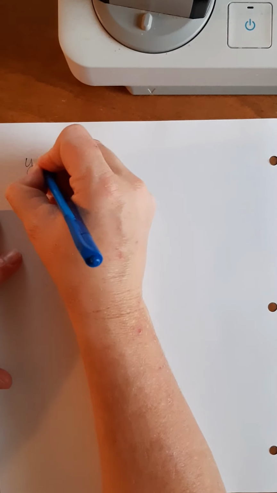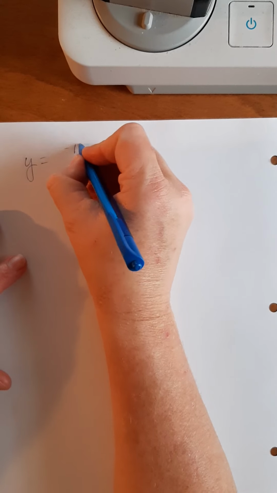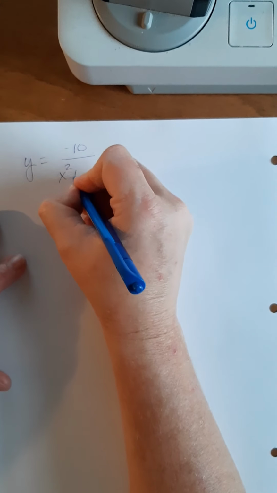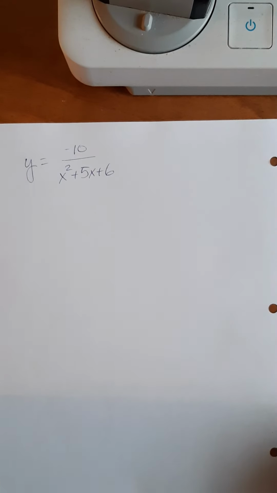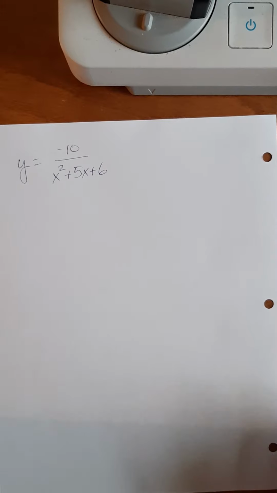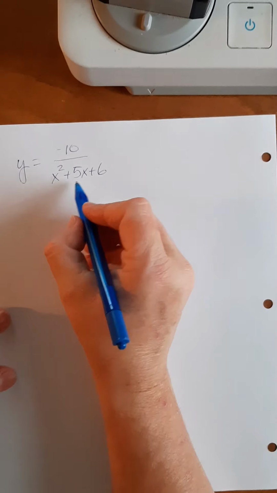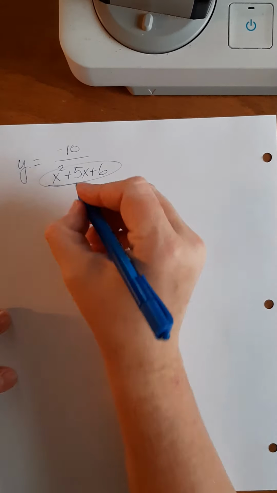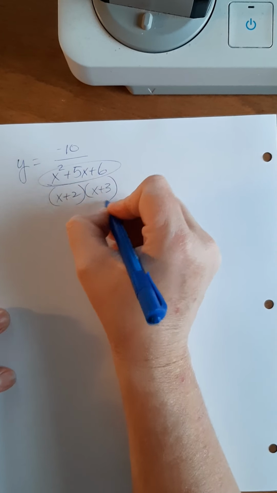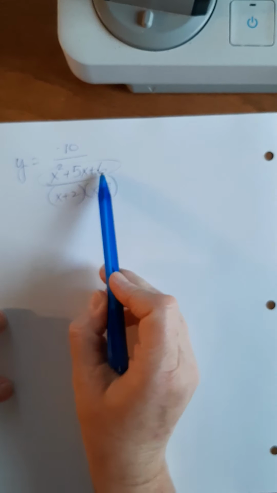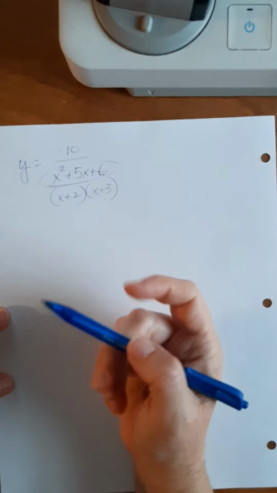So that's one thing they try to get you at. They also make it look sometimes a little weird. Like if I said negative 10 over x squared plus 5x plus 6. I know you're like, whoa, what happened there? Well, you need to find what makes this 0. They usually don't give you weird ones, so you can factor pretty quickly. 2 pluses, multiply to get 6, add to give you 5.